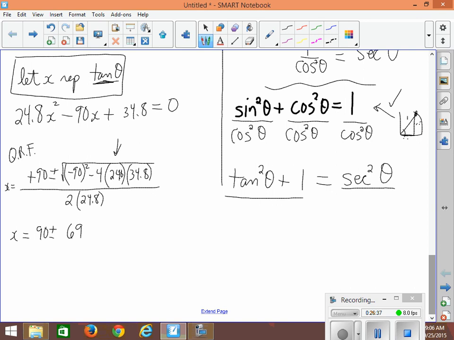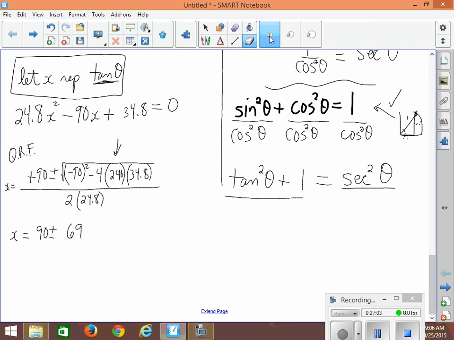34.8 times 24.8 times 4 equals. And that's going to be a negative number times 90 squared. Nope, plus 90 squared. Here, start again. 24.8 times 34.8 equals plus 90 squared equals square root, 68.2-ish then. All right? So we'll fix that.